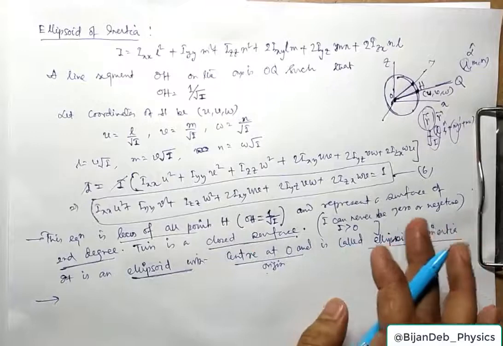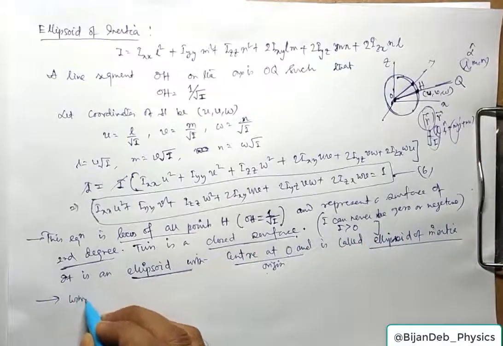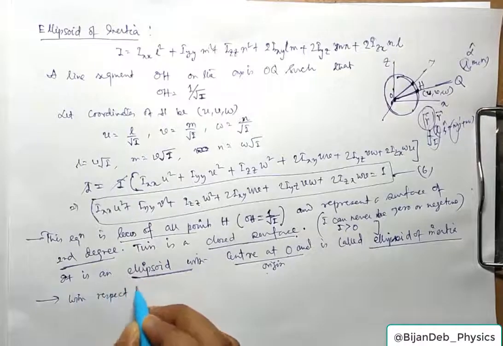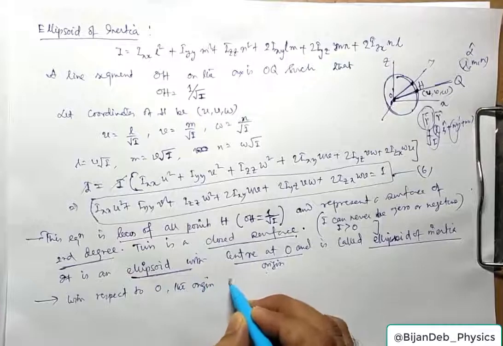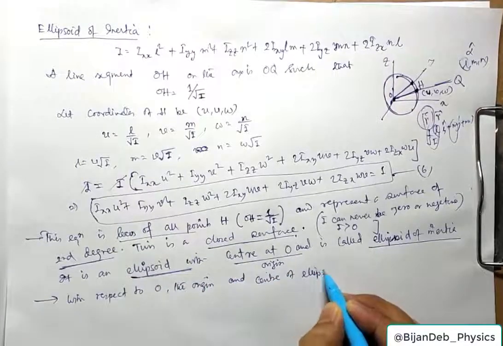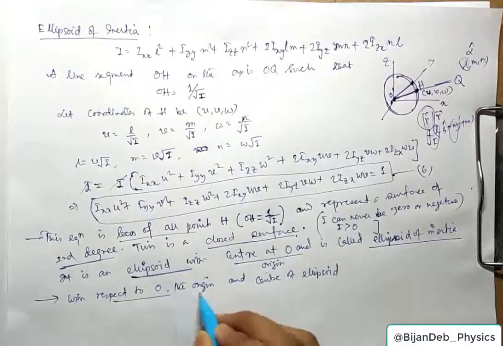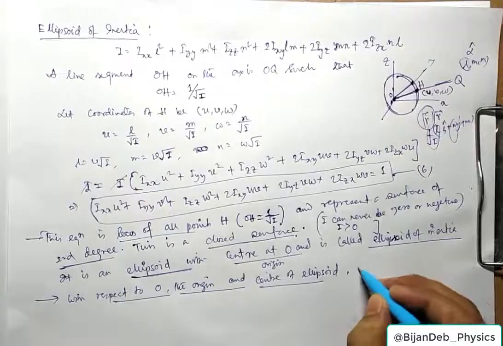Okay, if I want to say the physical significance, with respect to O, which is the origin and center of the ellipsoid, what will it represent? It will be the origin and also the ellipsoid center.